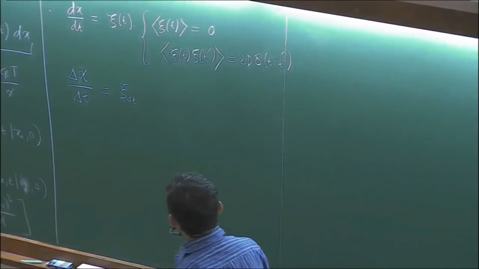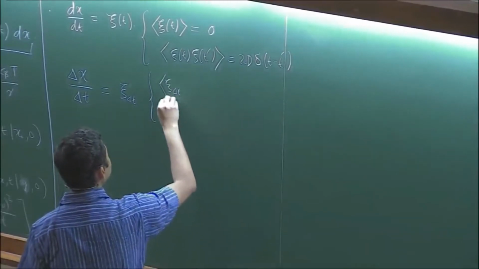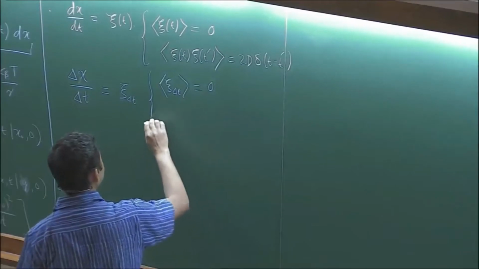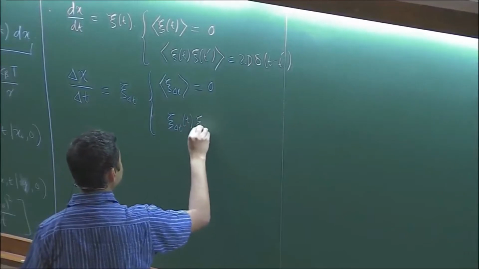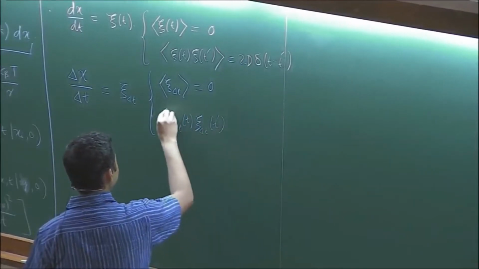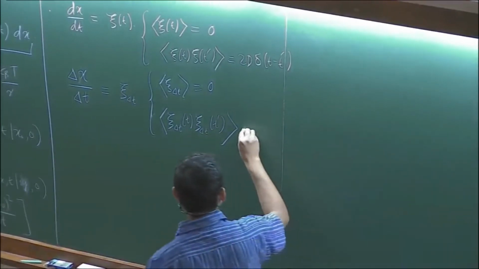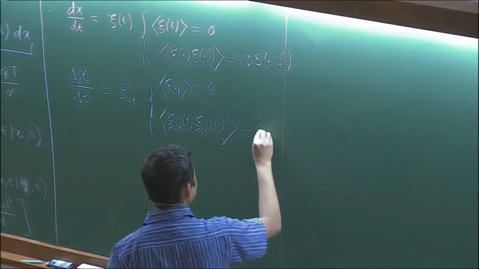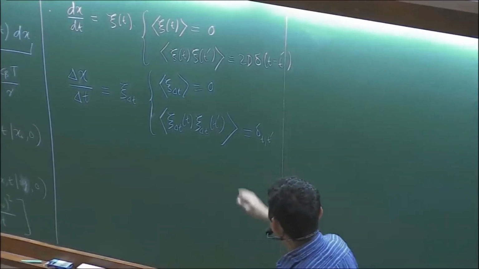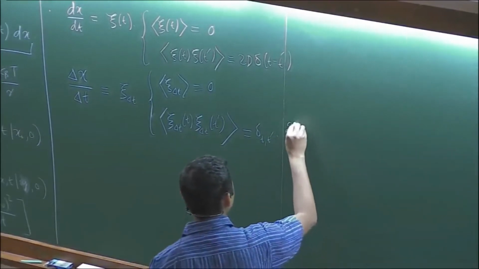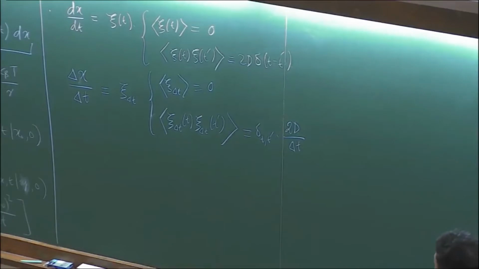So this noise satisfies again this one, and at two different times t and t prime, at the scale of this delta t, it is equal to 0 if they are not equal, and 2D by delta t if they are equal, right?